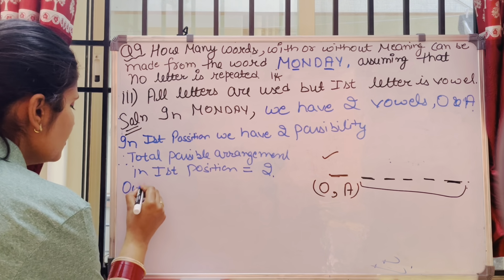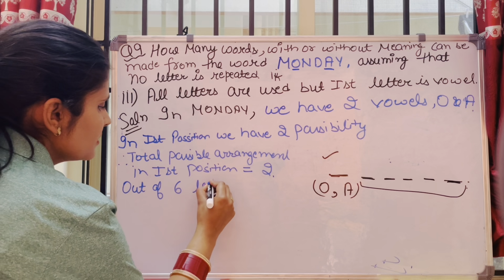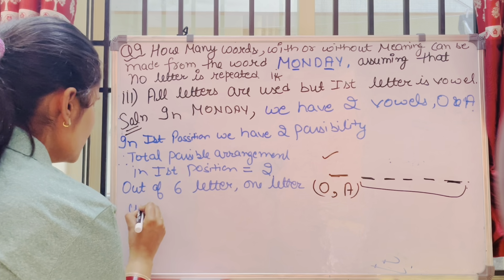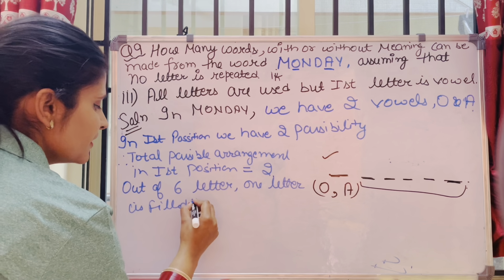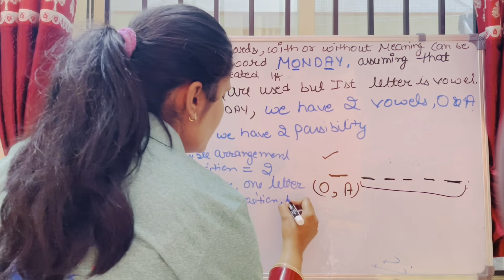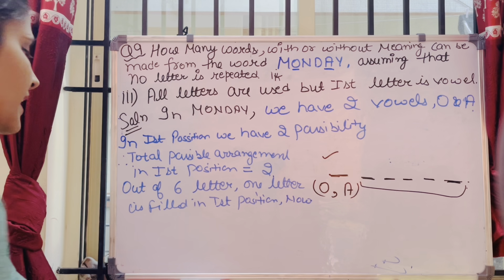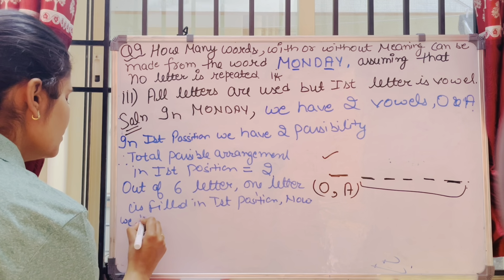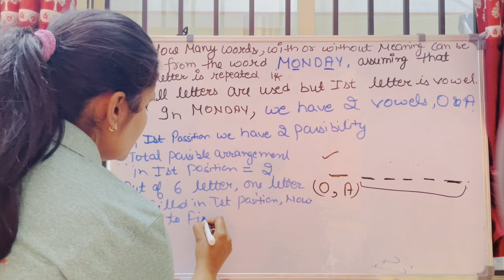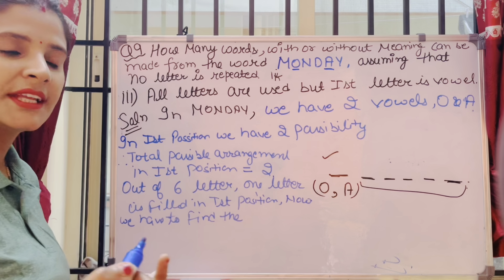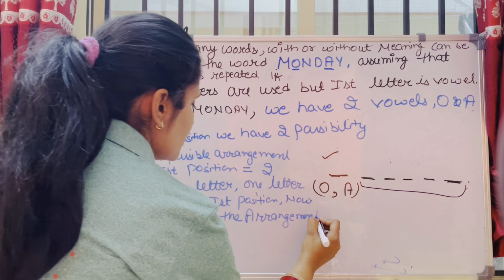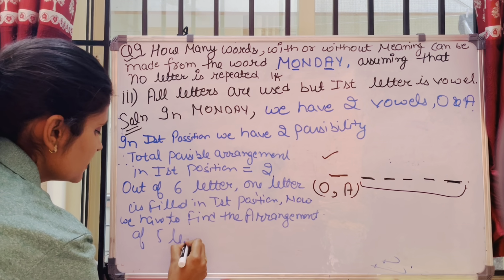Out of 6 letters, 1 letter is in the first position. Now for the remaining letters, we have to find the permutation or arrangement of 5 letters.